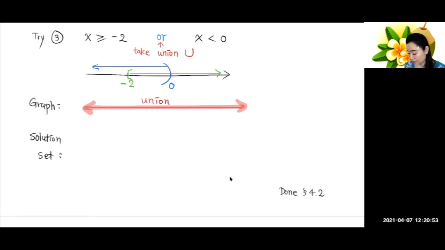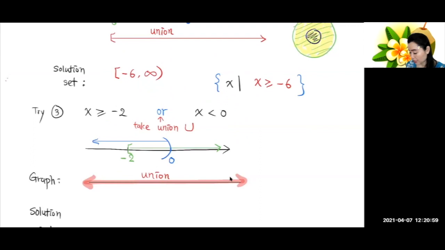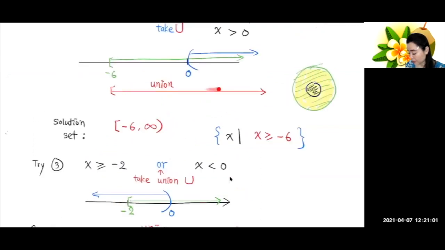Okay, so now the solution set. You see the difference between this one and this one. In this one over here, when you union, this part is a part of this. So when you add this to this, you're not adding something extra. You still get the green part right here, because this is a small part of this green.